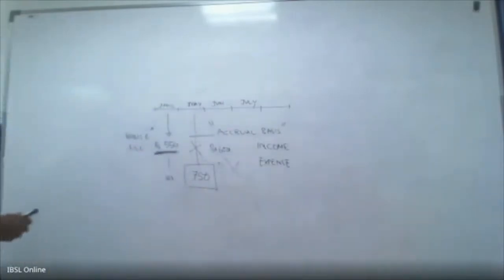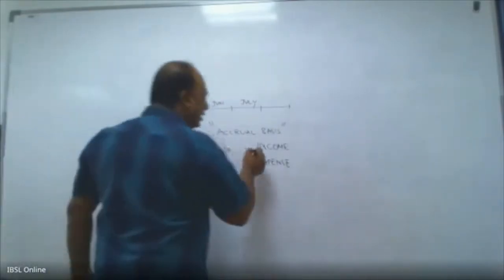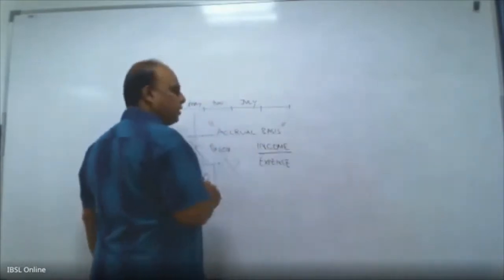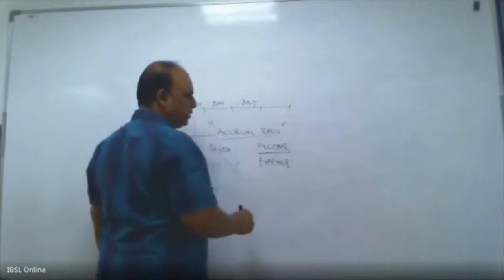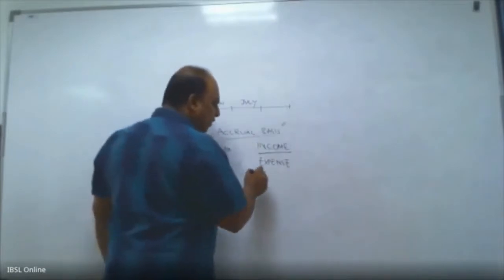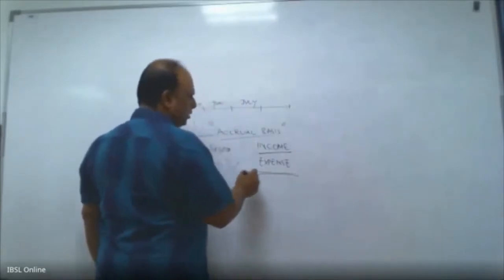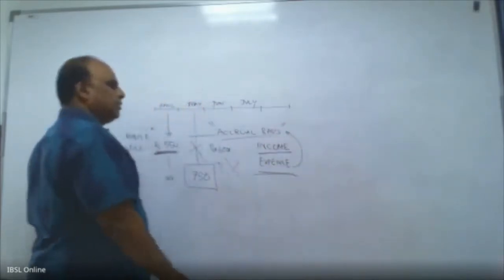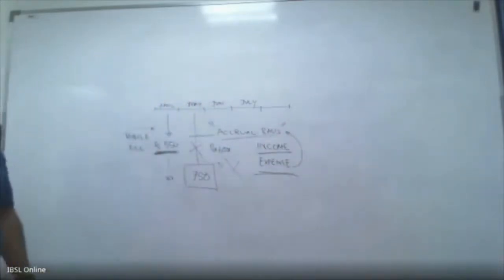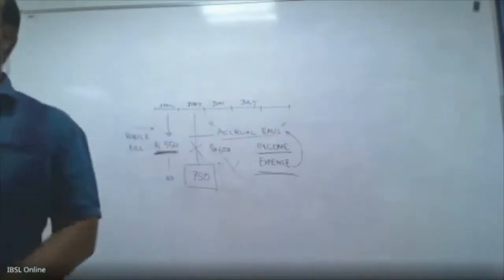So whether you receive in cash or not, you make a provision, and that will be on accrual basis. Irrespective of whether you pay or not, you make a provision on accrual basis. Okay, right.